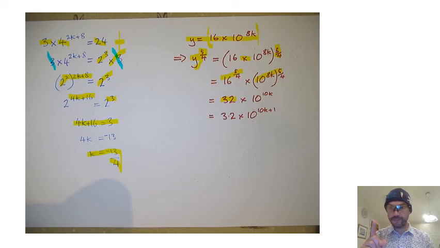But why? 2 to the 4 is 16, 16 to the quarter is 2, and 2 to the 5 is 32. 8 times 5 quarters is 10. That's not standard form, not even a sting in the tail. 32 is bigger than 10, so divide that by 10, which means we add 1 to the power there.